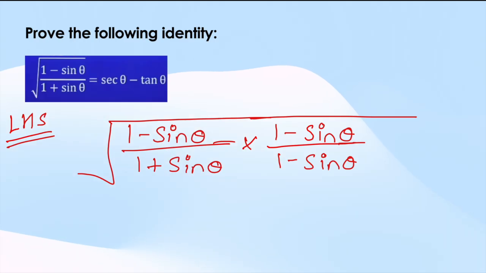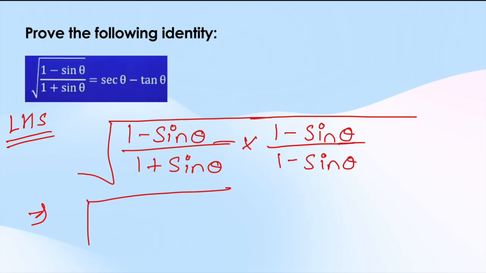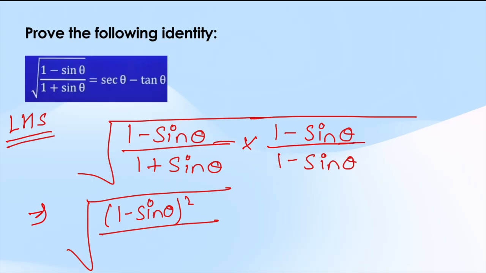If 1 plus sine theta is in the denominator, you have to multiply by 1 minus sine theta. You just have to change the sign in between. See, it is 1 minus sine theta into 1 minus sine theta. So it will become how much? 1 minus sine theta the whole square, divided by a plus b and a minus b. Again, a square minus b square.